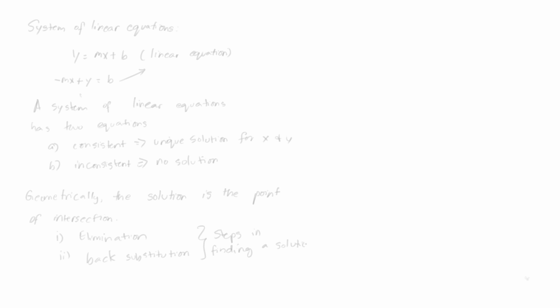Here are a few examples. Here's my first example on solving a linear system. Let's say x plus 2y is equal to 5 and 2x minus 3y equals 4.